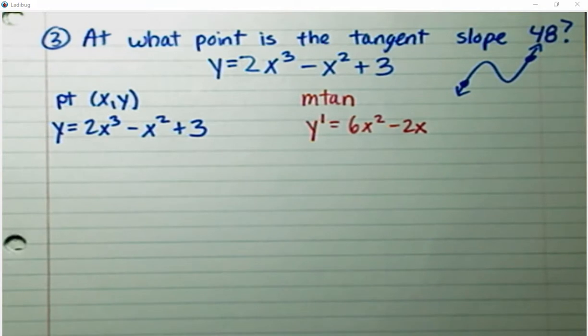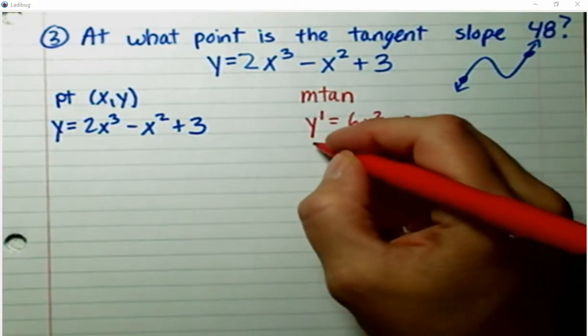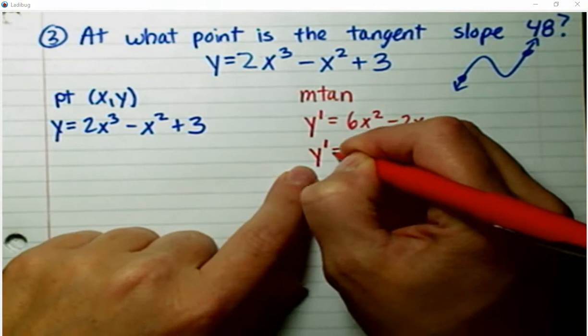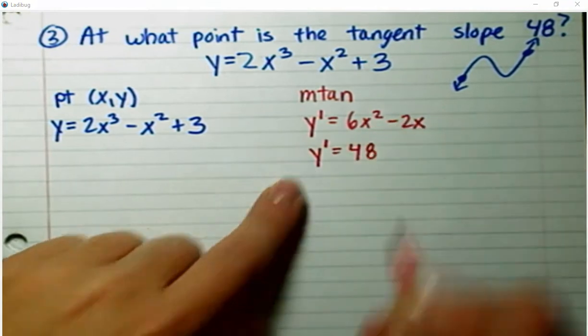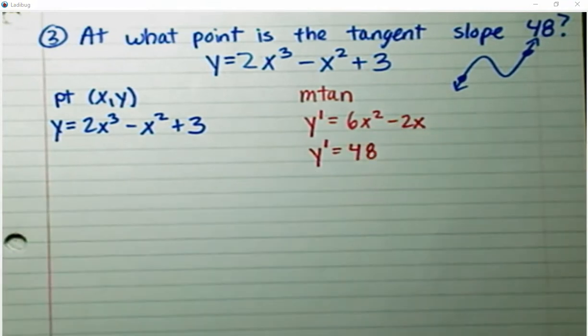What's the slope? 48. The tangent slope is 48. Notice how I put it in the tangent slope column? And notice how I didn't write x equals 1 or 2 anywhere because I don't know what x equals. All I know is this.